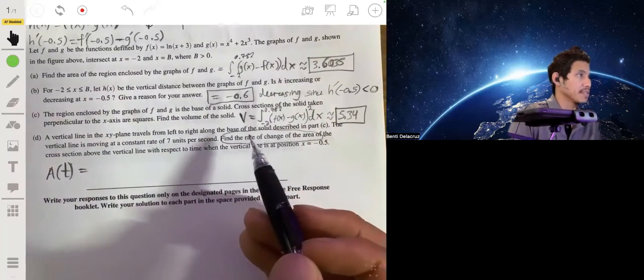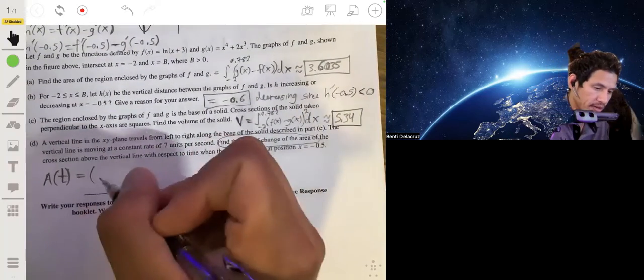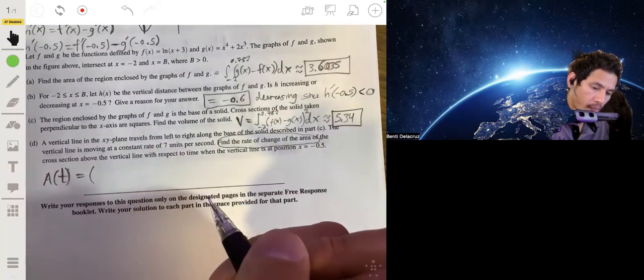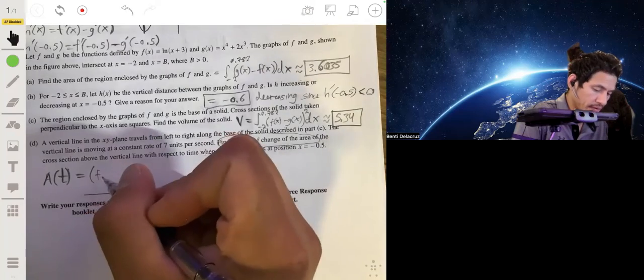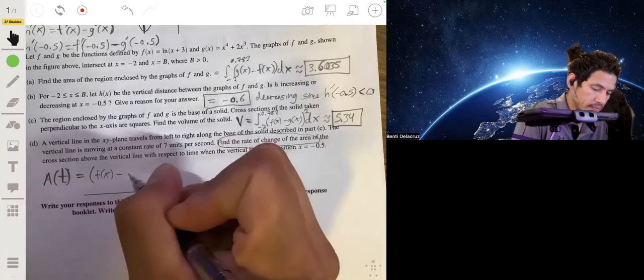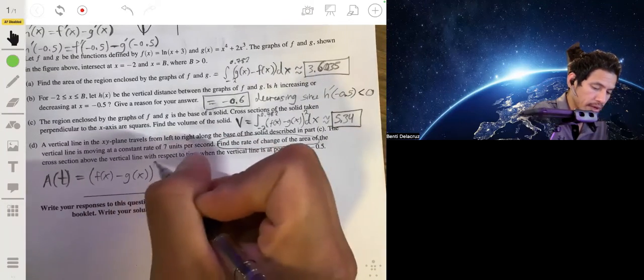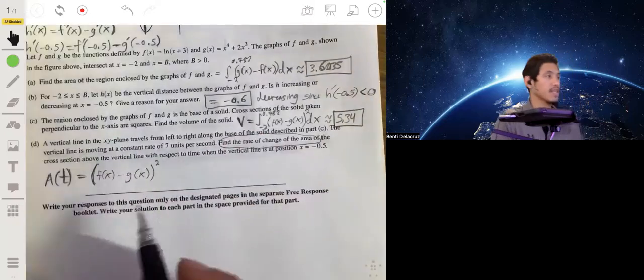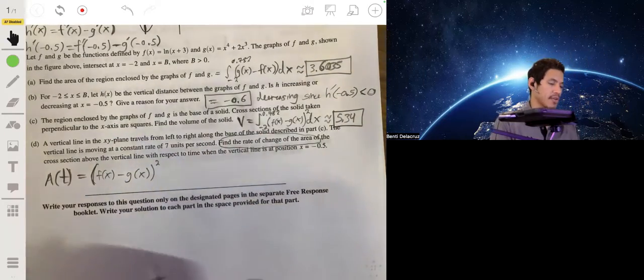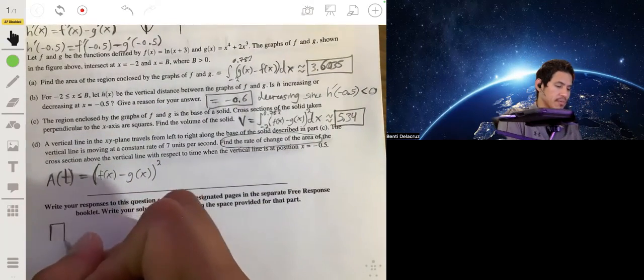It's the side length squared, which we found to be f of x minus g of x squared. That's the area of each cross section, because we're talking about squares.